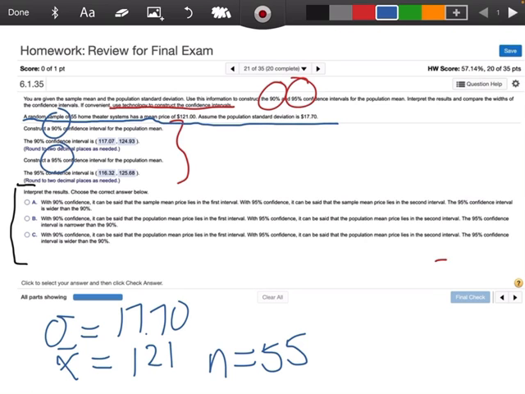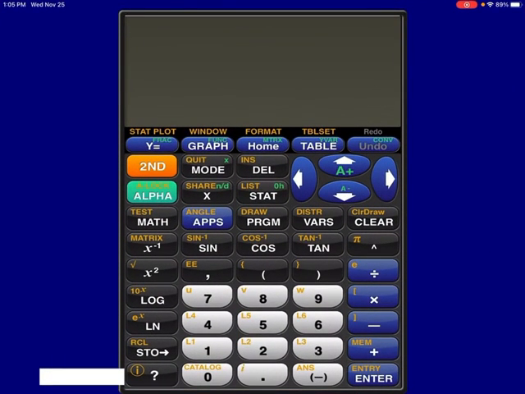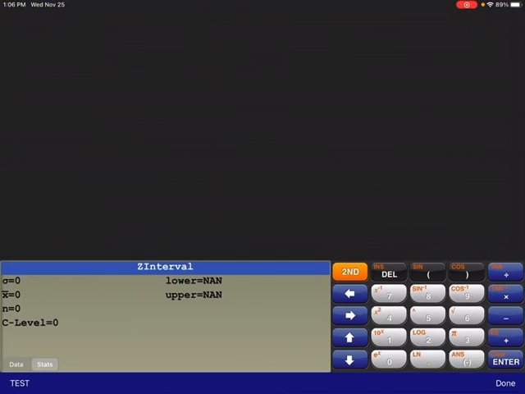So let me grab my calculator real quick. I'm going to go to stat, and I'm going to go to tests, and I'm going to do a Z interval, which is number 7 here. One sample Z confidence interval. Okay, so we said our standard deviation was 1770. Our X bar was 121.